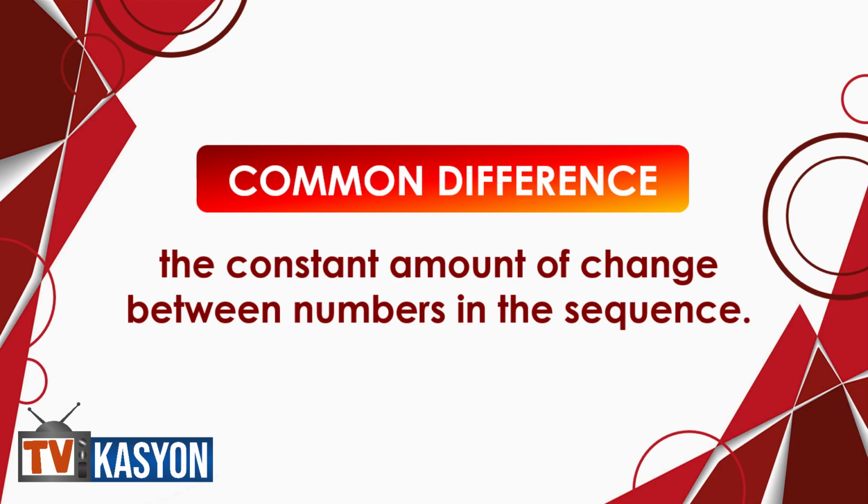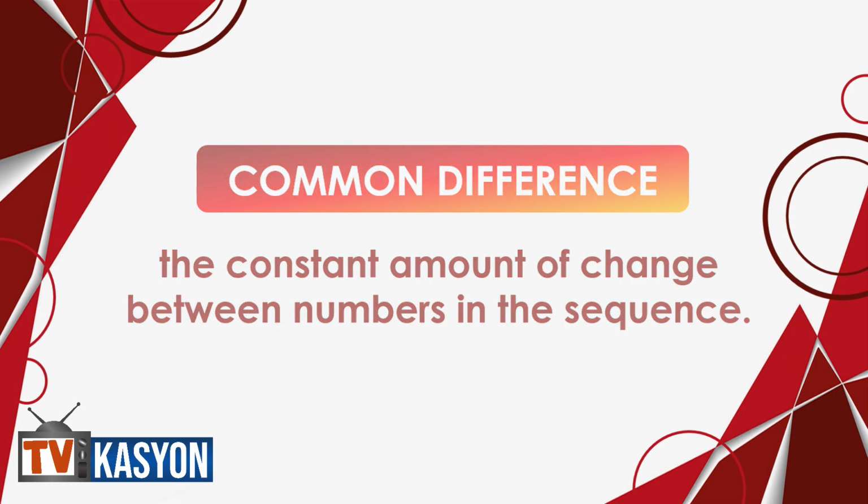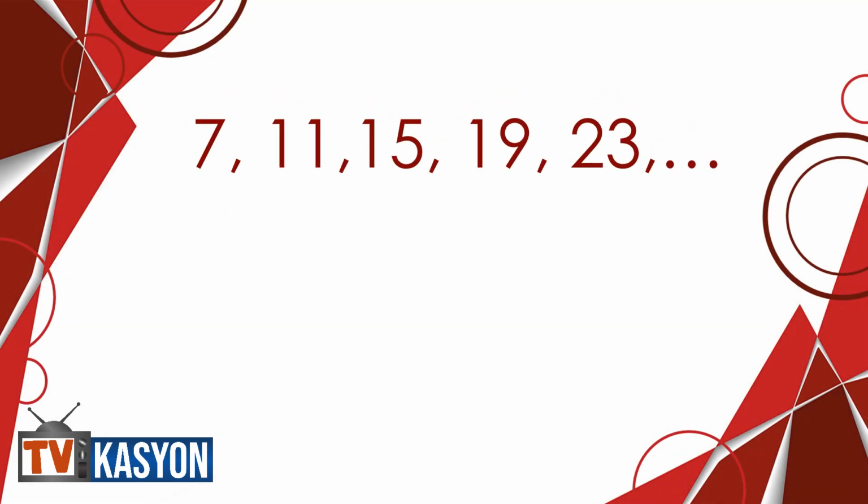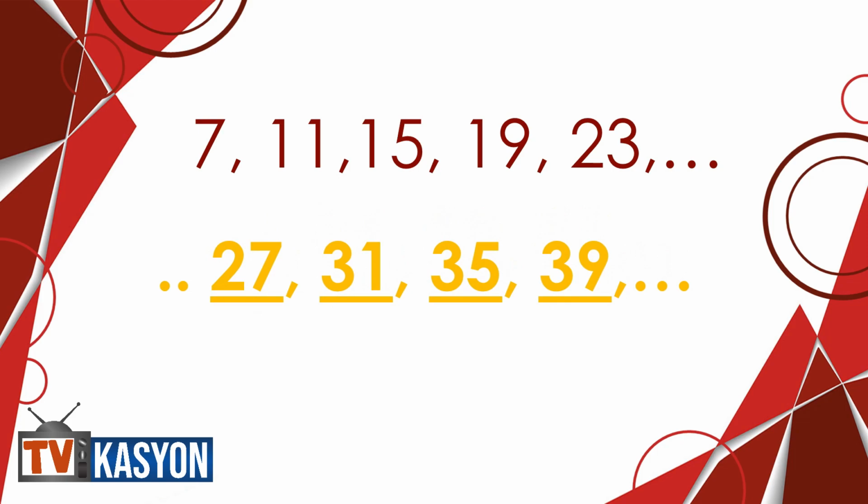Once you know the common difference, you can use it to find those next terms. Say we have the sequence 7, 11, 15, 19, 23. What would be the next 4 terms after 23? It is 27, 31, 35, and 39.